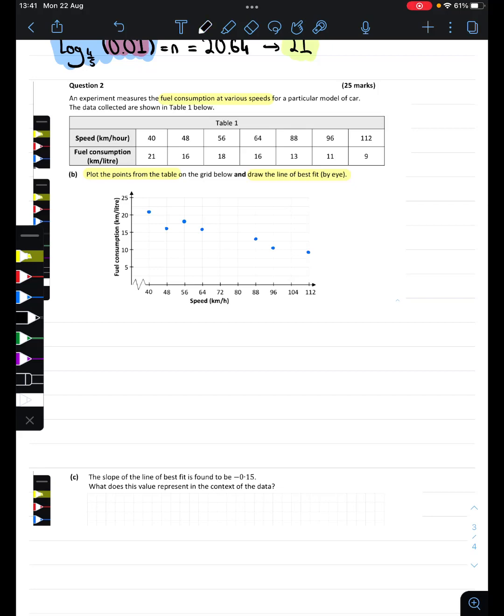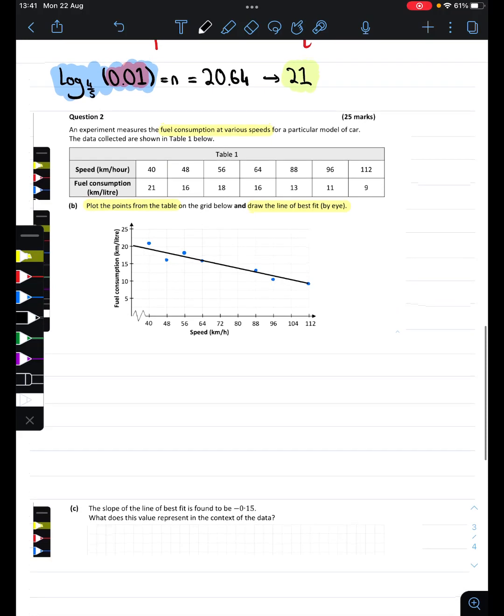Okay, so if we want to draw the best line, then it would be something like this, where it's close enough to most of the points, and it captures the overall shape of the graph.